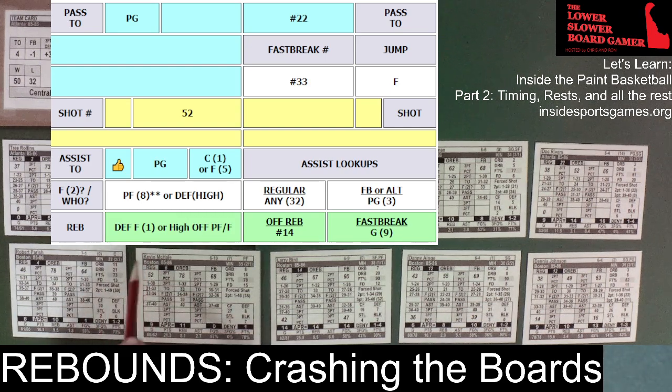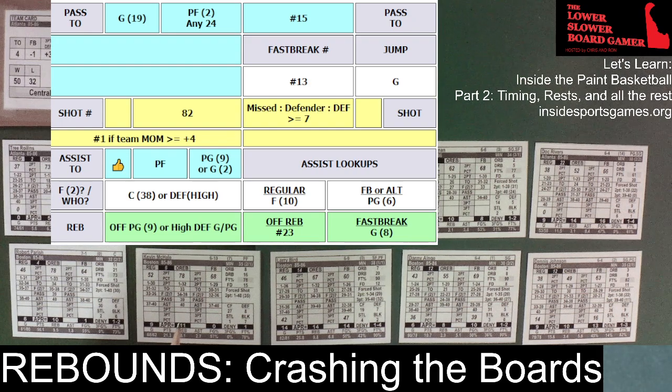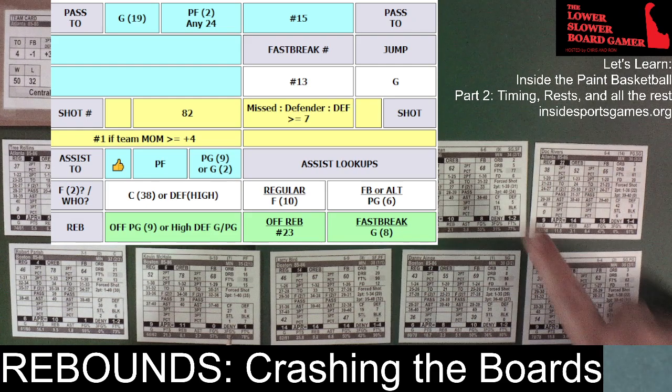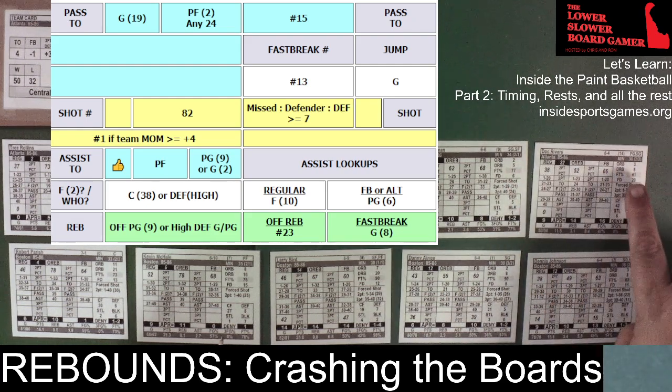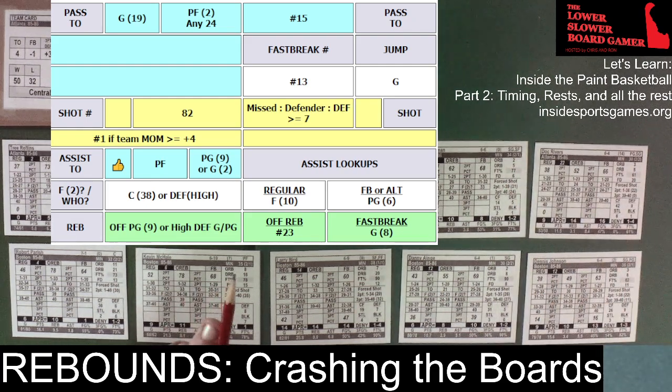In this instance, power forward McHale has 8, Larry Bird has 7, so McHale will get the offensive board on that one. And the same for high defensive guard and point guard. Your defensive guard and point guard defensive rebound is 5 for Whitman, 8 for Rivers. So your point guard Rivers, sorry about that, is going to have the rebound with the highest defensive rebound rating.